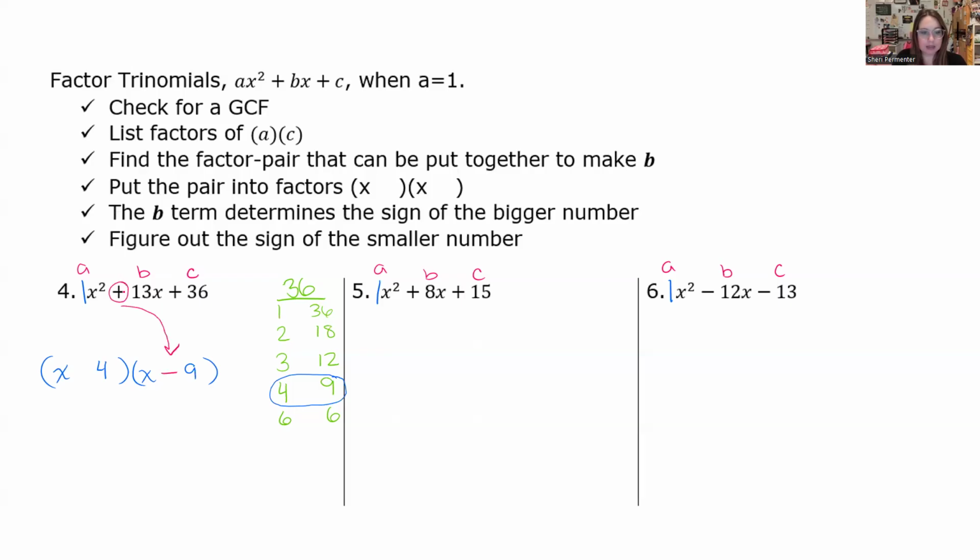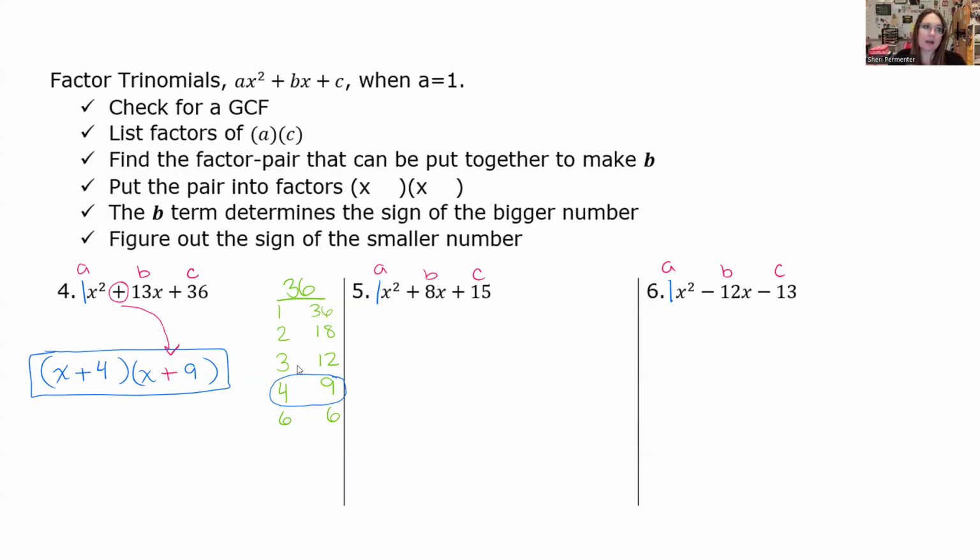It tells me that the 9 is going to be positive. From there, I figure out the other one. If I have 9, would I add or subtract to make 13? I would add. So my other term is going to be a plus. And there you have it. You're done.